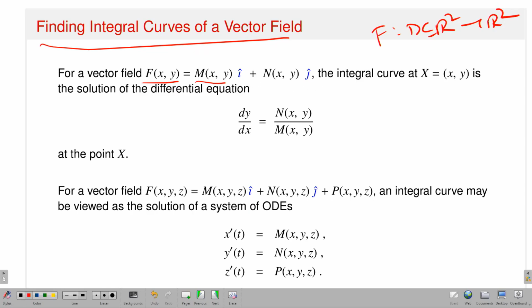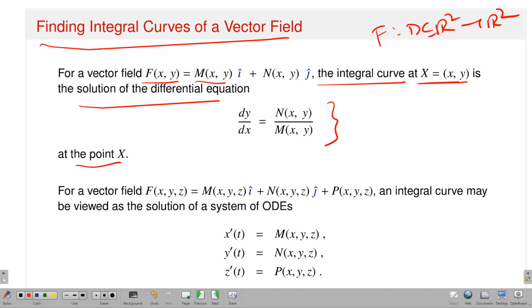The integral curve at the point x comma y is the solution of this differential equation: dy by dx is equal to capital N of x,y divided by capital M of x,y. If I solve this differential equation, the curve I get is the integral curve at the point x comma y. This is in 2 dimensions.